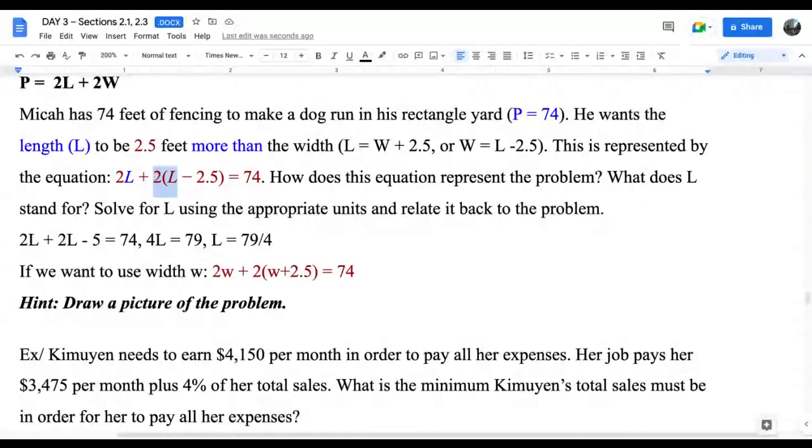Now we have 2L minus 5, because 2 times negative 2.5, that's negative 5. We have 2L plus 2L minus 5 equals 74 now. 2L plus 2L, that's 4L. We move negative 5 to the right-hand side, it becomes plus. 74 plus 5, that's 79. Then divide by 4 on both sides. So length equals 79 divided by 4.